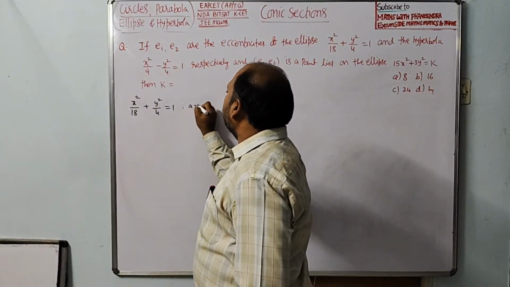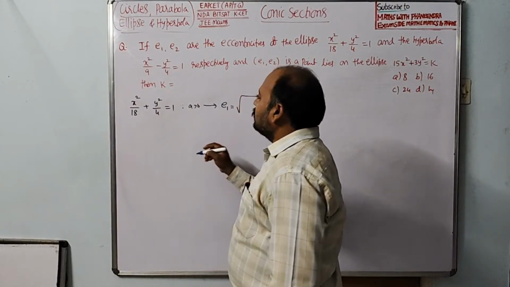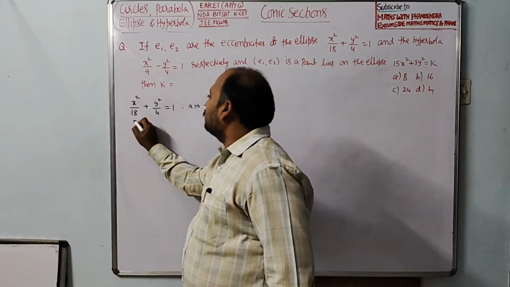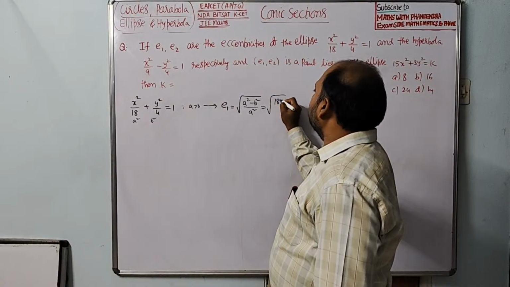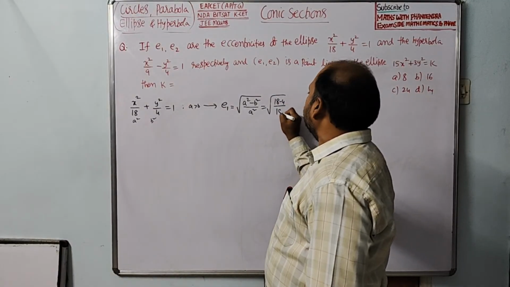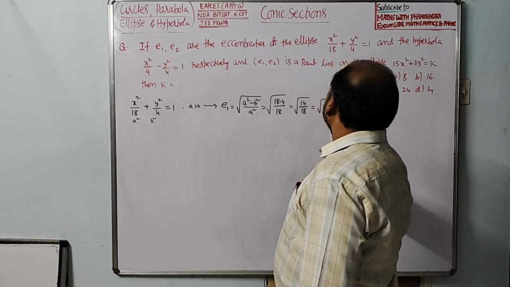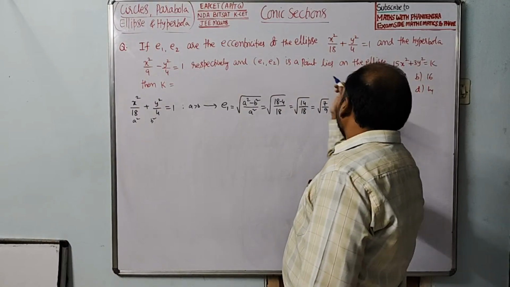Clearly a is greater than b. For this, eccentricity e1 equal to root of (a square minus b square) by a square. This is a square, this is b square. So root over (18 minus 4) divided by 18, root 14 by 18, root 7 by 9, which is equal to root 7 by 3.